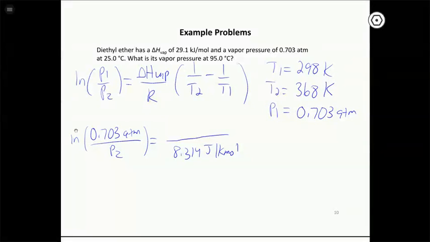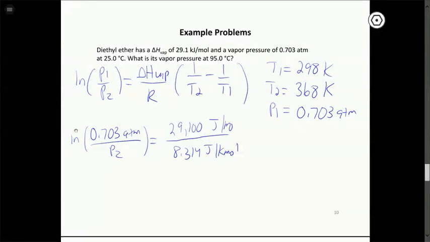Now, if this denominator is in terms of joules, that means our numerator, delta H of vaporization, also needs to be in joules. So we're given that it's 29.1 kilojoules. Most enthalpies of vaporization are in terms of kilojoules. We have to convert that to joules and put it up here to make sure the units work out. So we're going to put that in as 29,100 joules. Just multiply that joules per mole number by 1,000.